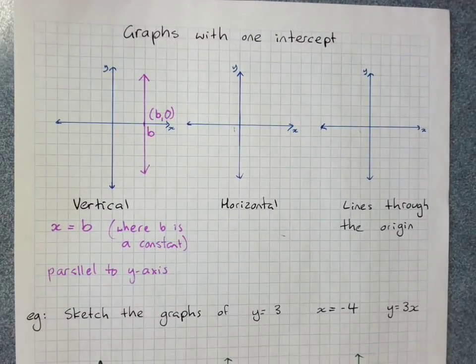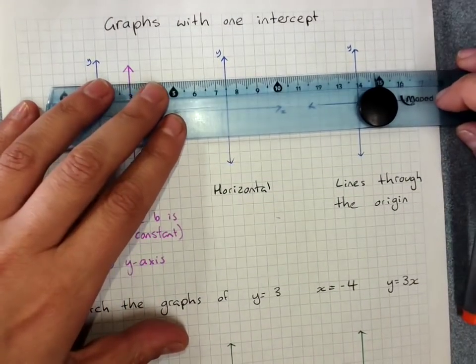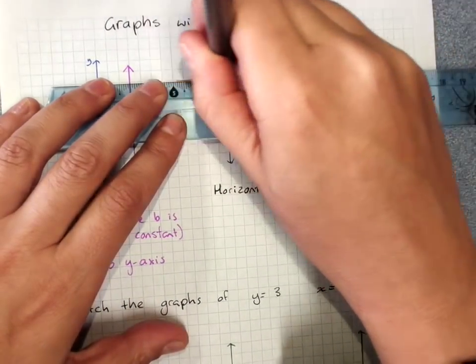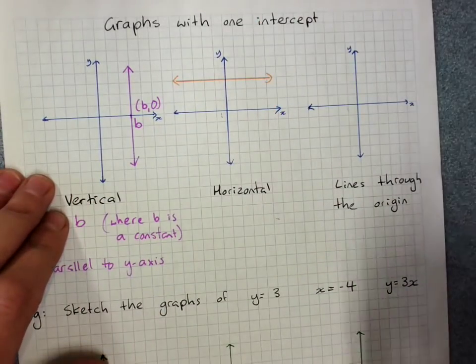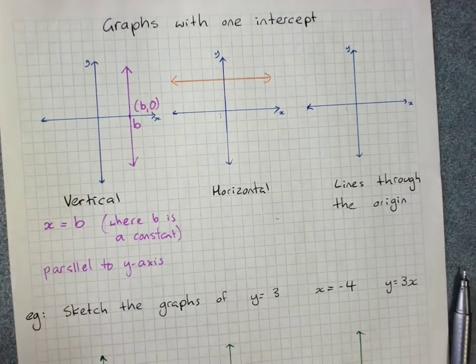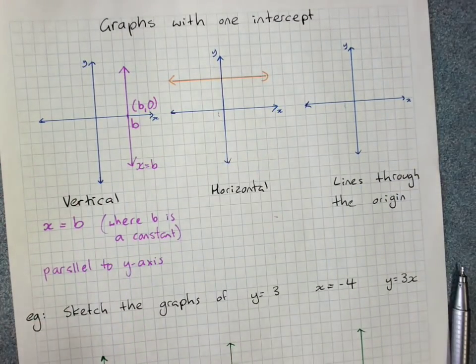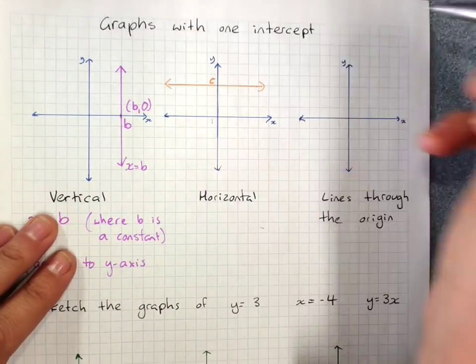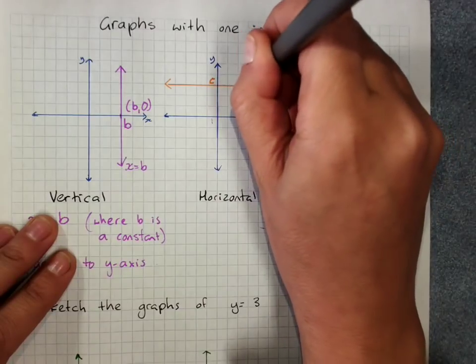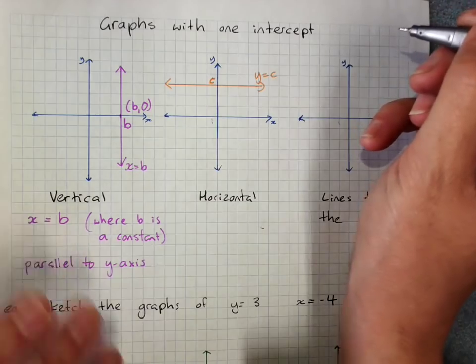Obviously, also, horizontal lines are lines with only one axis intercept. Oh, I did not label my line. Line x equals b, and you should always label your line when you are sketching it. So if this is passing through the y-axis at c, this line is y equals c.